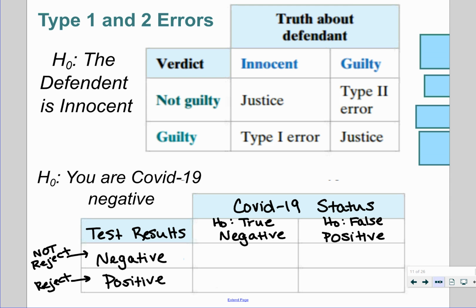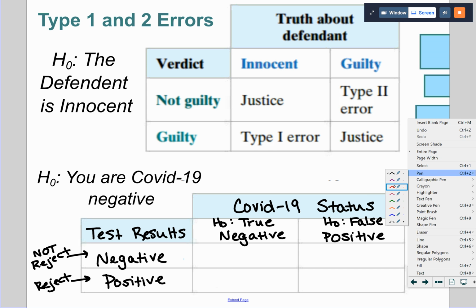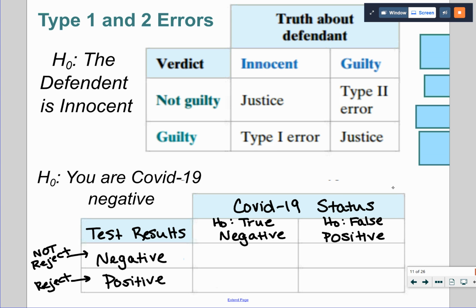Okay, so if you are COVID-19 negative and you take a test and the test says you are negative, is that accurate? Yes. If you have COVID-19 and you take a test and the test says you are COVID-19 positive, is that accurate? Yes.